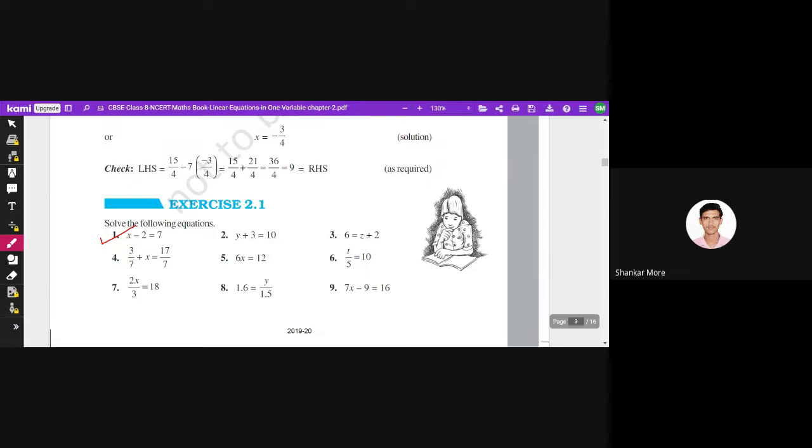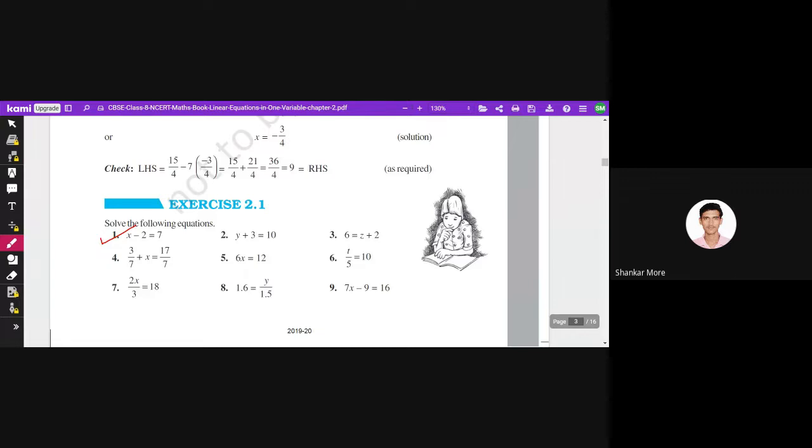What is going to be the answer for fourth one? Okay, a 14 by 7. Is it? Everyone? Yeah, fourth one का क्या है? 14 by 7.